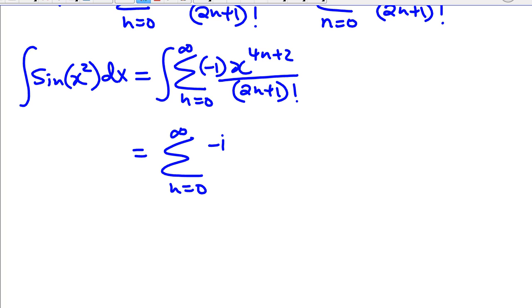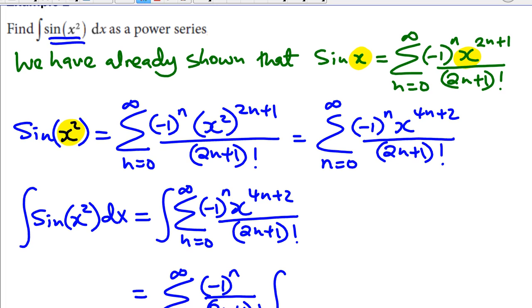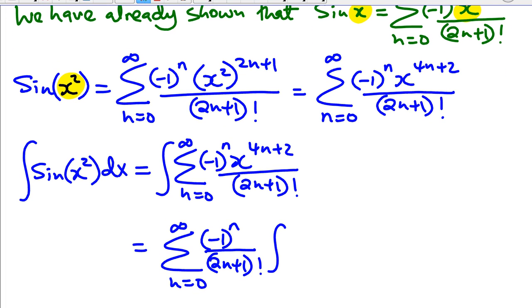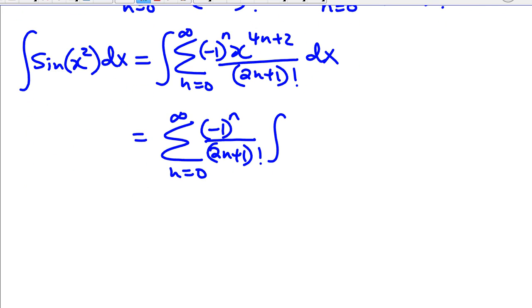So negative 1 to the power n over 2n plus 1 factorial, and then we are integrating, by the way, with respect to x.